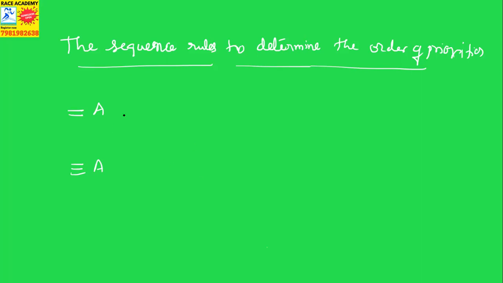That means, for example, a double bond is equal to two single bonds like this. So here we have two groups, equivalent to two bonds. And with three bonds, it is equivalent to three A atoms like this.